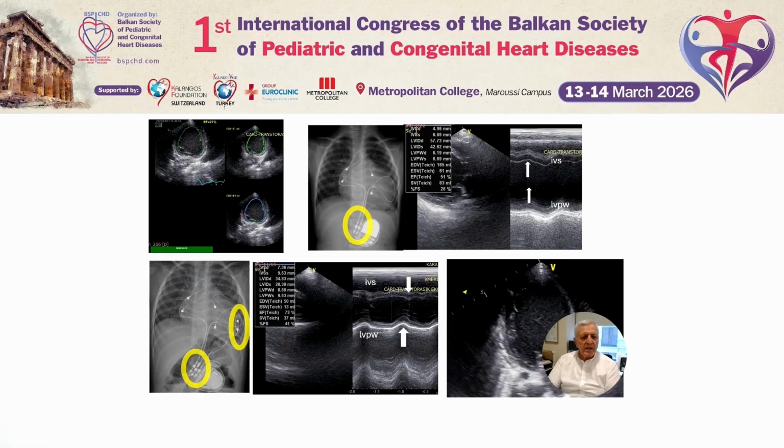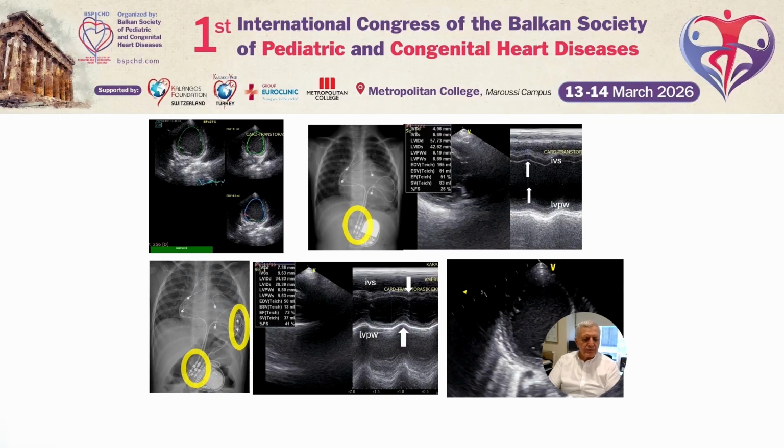there is a left ventricular dilation with low ejection fraction. As you see in M-mode echocardiography, the movement of the septum and free wall is abnormal. And then you can see the live 2D appearance of the echo. You can see the enlarged left ventricle with diminished function.